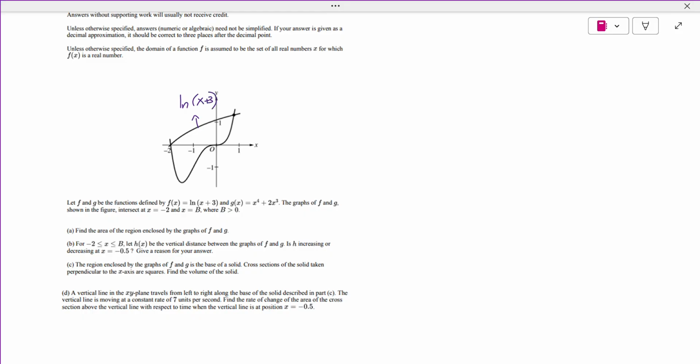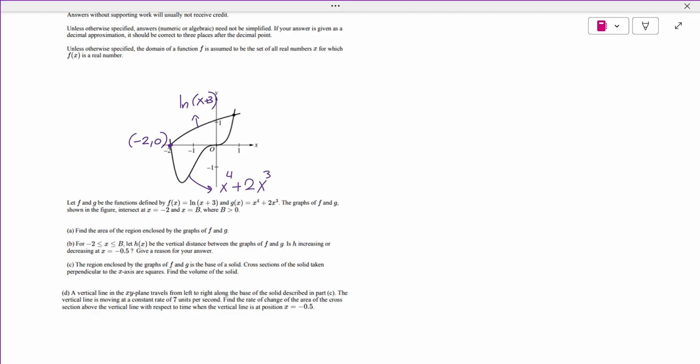And the bottom one is x cubed plus 2x squared. This point here is minus 2 and 0.